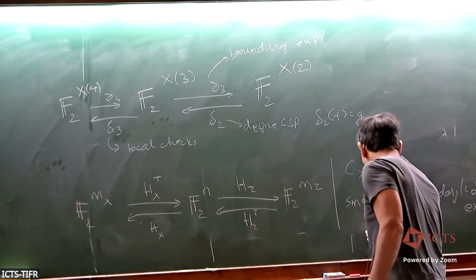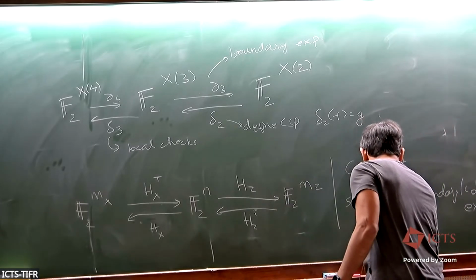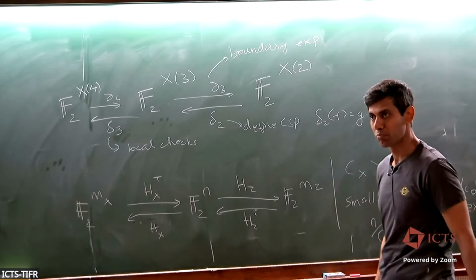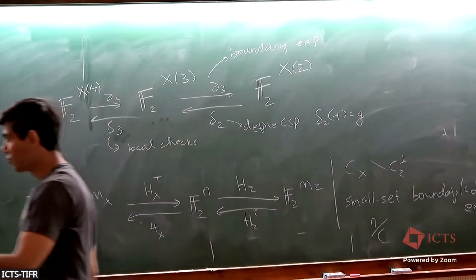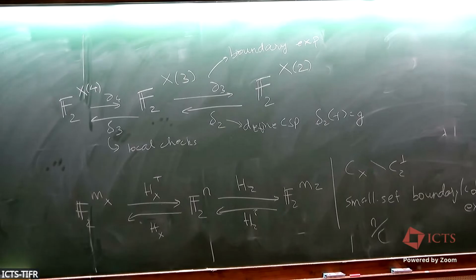How small? Sets of size n over some large constant. That's pretty great, because if you have boundary or co-boundary expansion for subsets of size n over something, then you need omega of n variables in intermediate equations, which gives you exponential bounds for SDPs. Okay? So that's what you get using this.